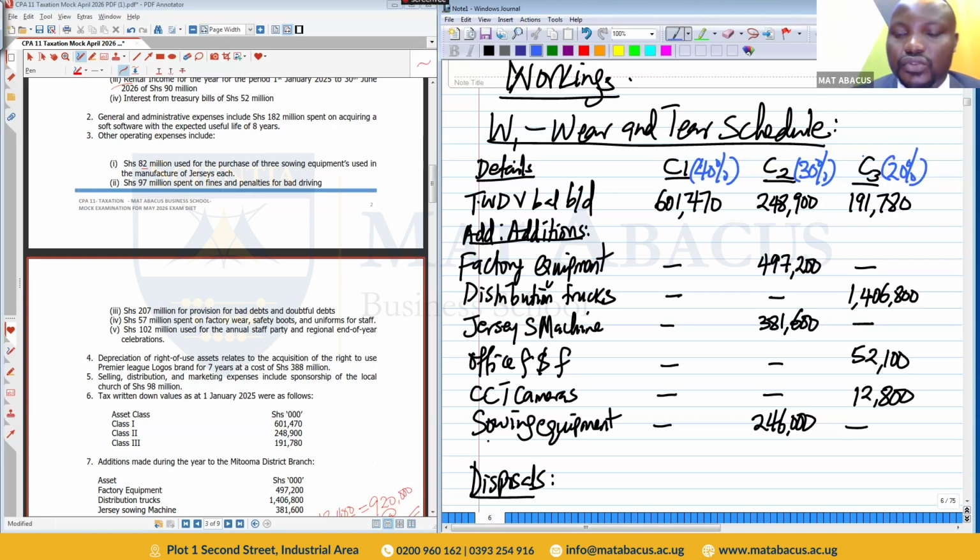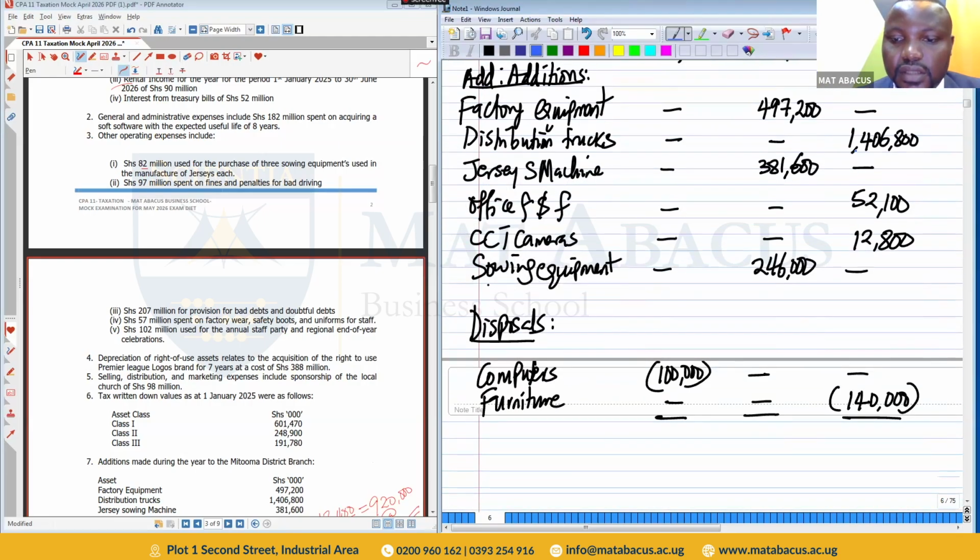So then I will add, get to my calculator. I get 601,470. I subtract 100,000. So what will be the answer? The answer will be 501,470. This is for class 1.